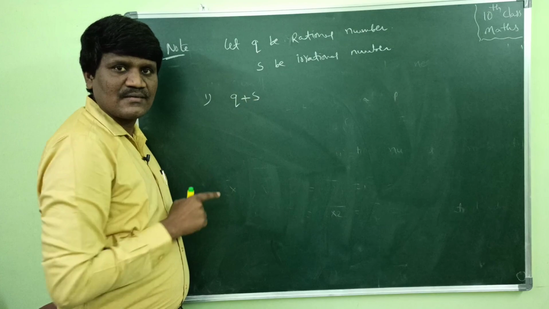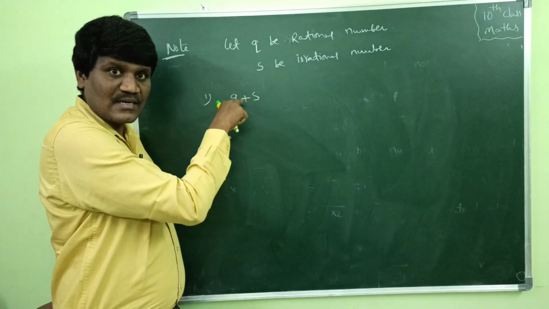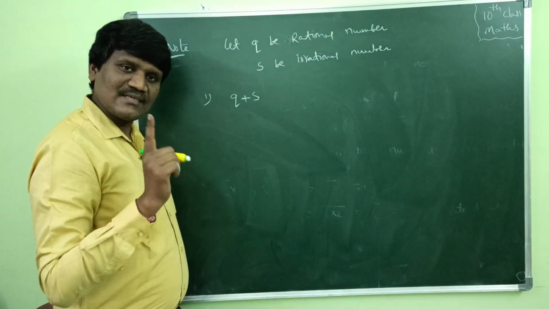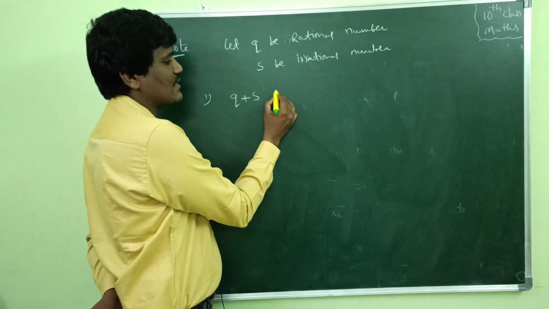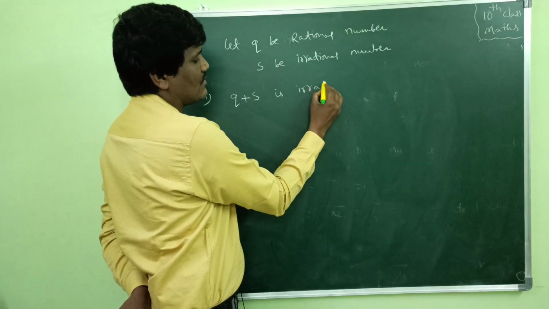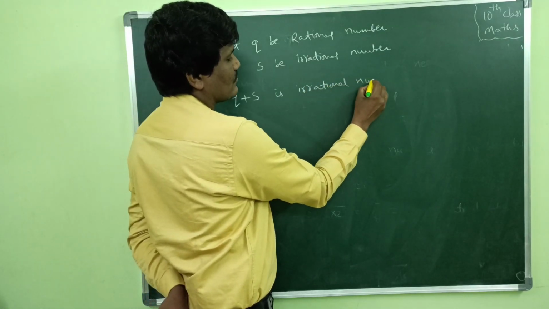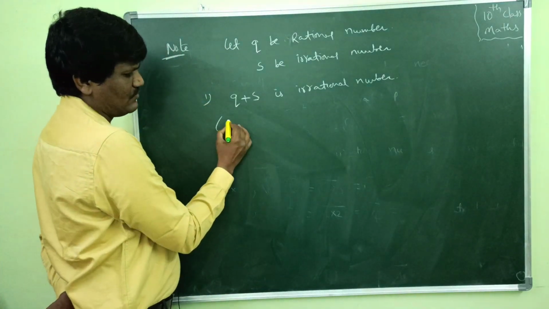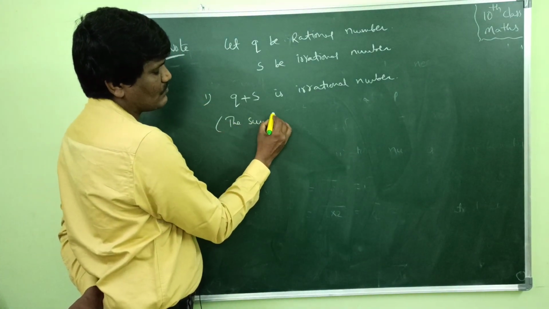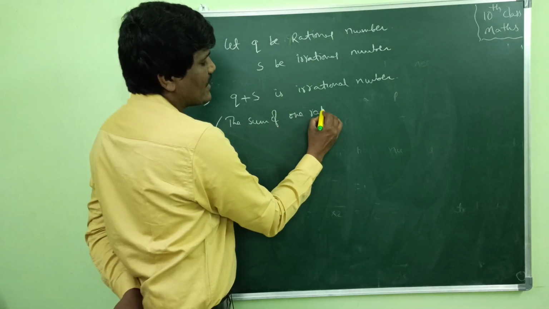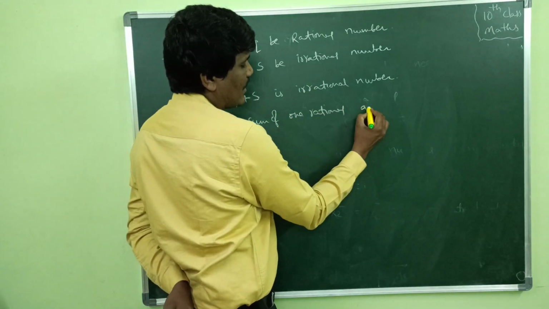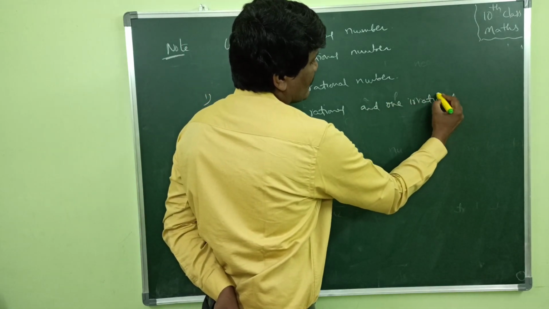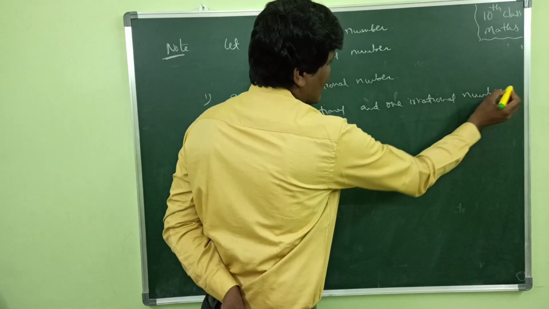q plus s, the sum of a rational and an irrational number, is always an irrational number. We can write: the sum of one rational and one irrational number is always an irrational number.